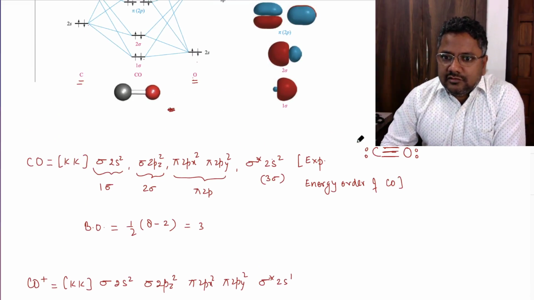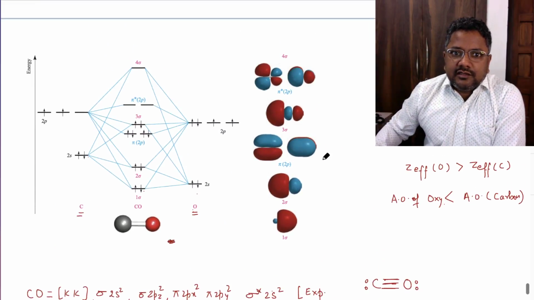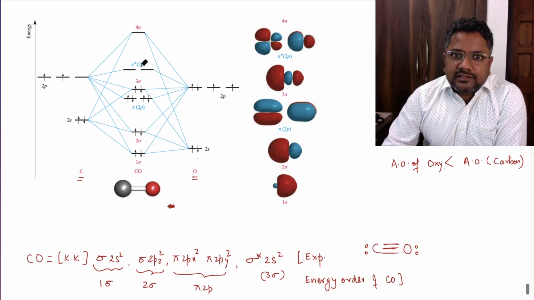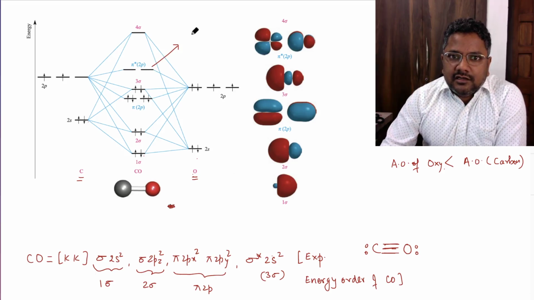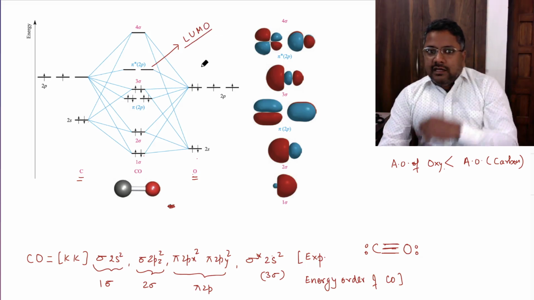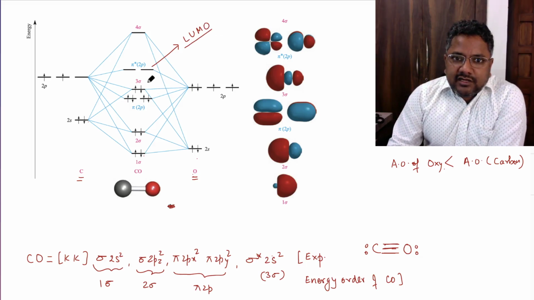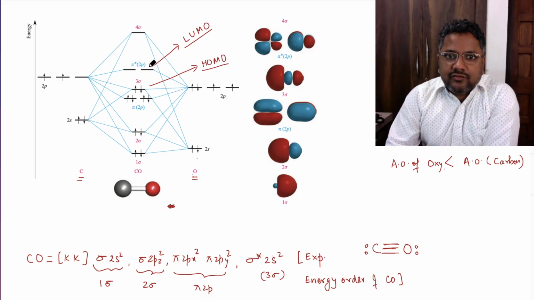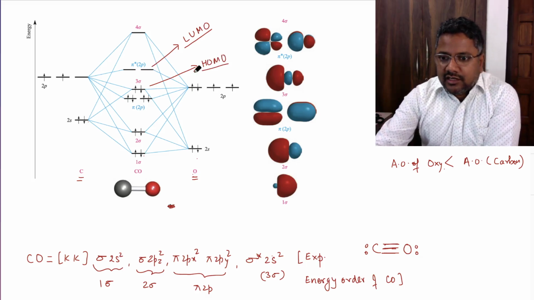So if you see here, this pi star 2p is basically the lowest unoccupied molecular orbital, LUMO, and this 3 sigma is the highest occupied molecular orbital, and this is the lowest unoccupied molecular orbital, right?